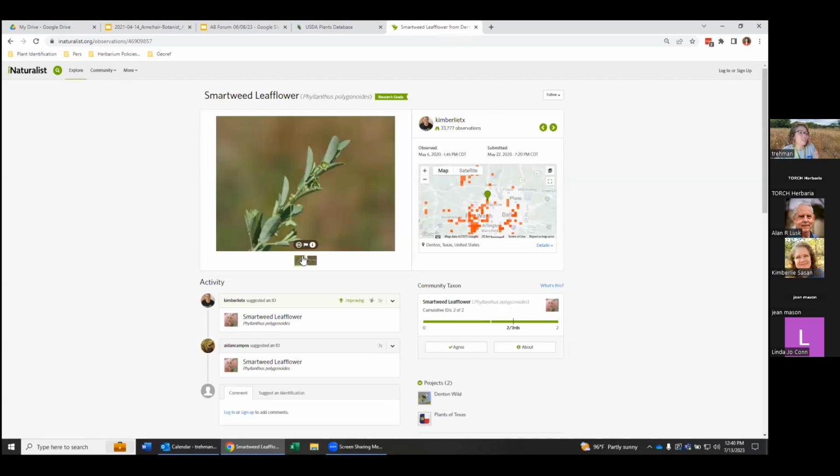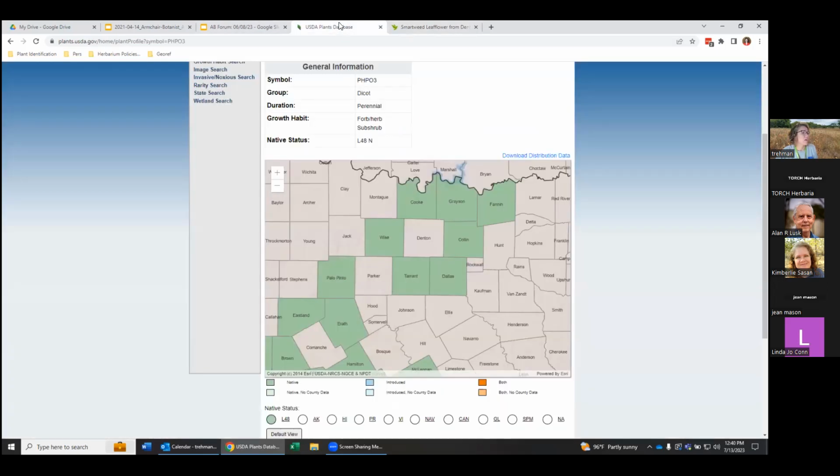So iNaturalist can be a place to come and have a look at this. I like to use USDA Plants or BONAP typically for two reasons. The presence of a species in a county is listed on the map based on either a reference in a published scientific journal or some publication, or a herbarium specimen that has been identified by a botanist.